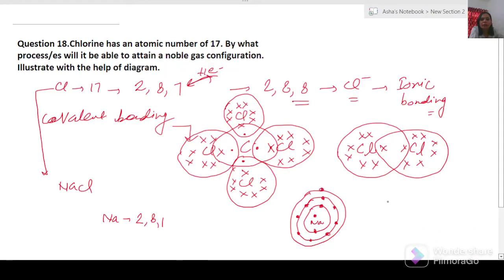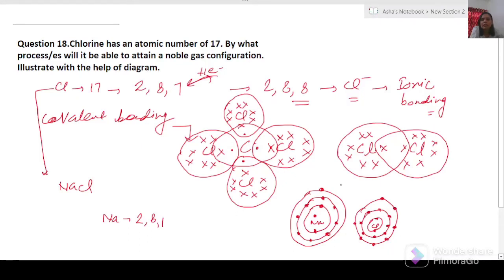Now near to it, if you draw Cl, this is the Cl, 2 electrons in the first, 8 in the second, 3, 4, 5, 6, 7, 8, and in the last one 7, 1, 2, 3, 4, 5, 6, 7, right?